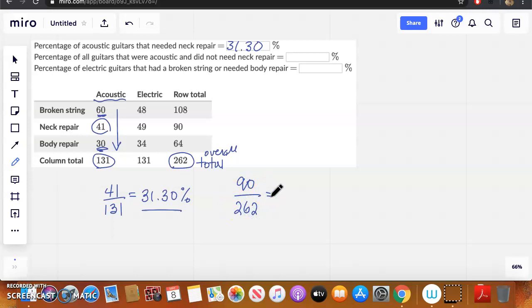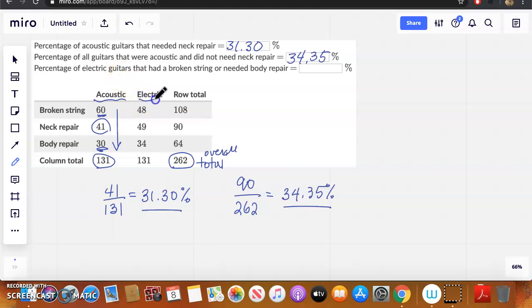And that comes out to roughly 34.35%. Okay, so that would be your 34.35%. Okay, and then finally, percentage of electric guitars.